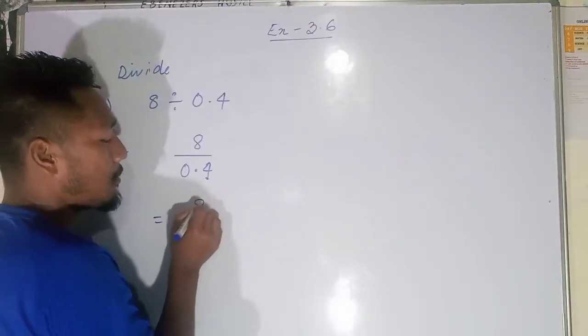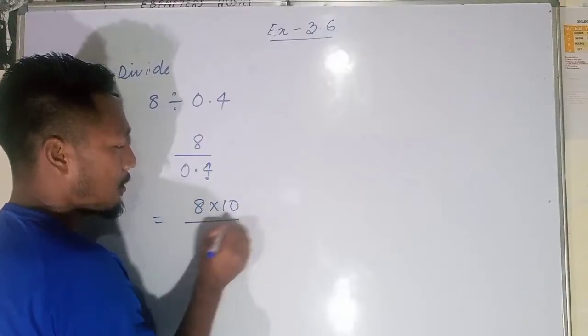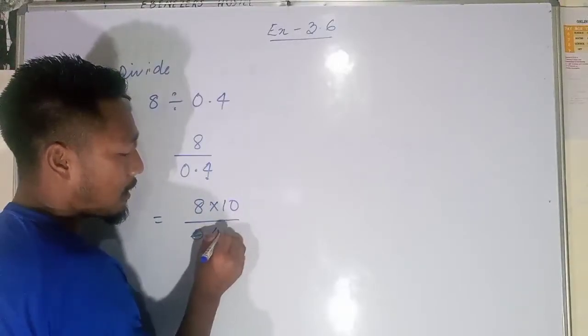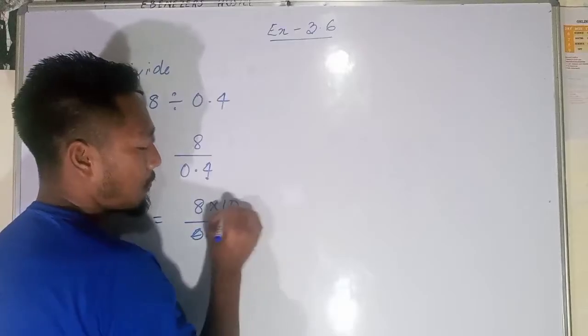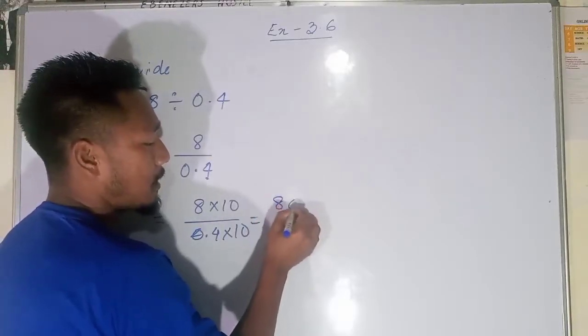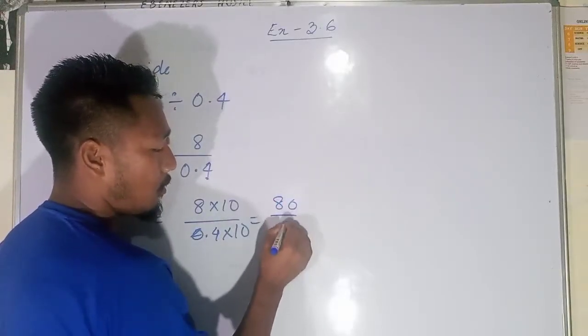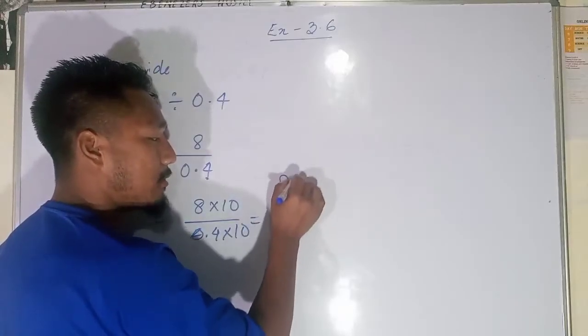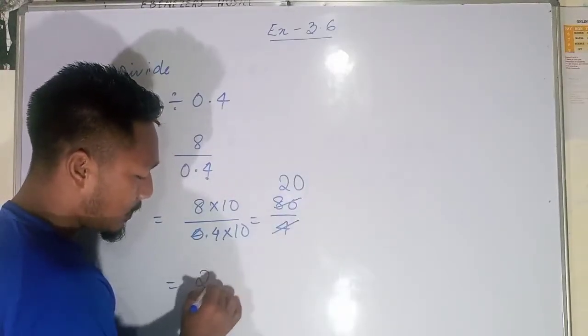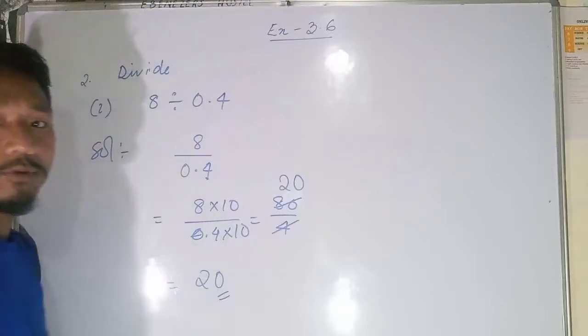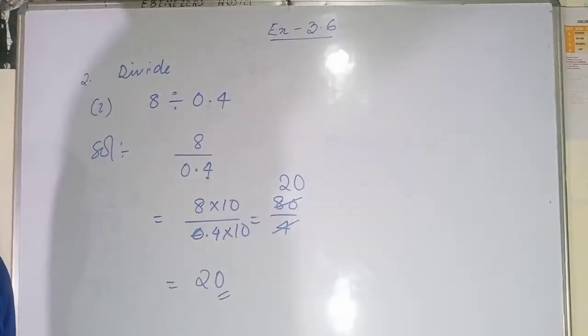So 8 into 10 is 80. 0.4 into 10 is 4. So 4 2s are 8, 0. So what is the answer? 20 is your answer. Okay, so 20 is your answer.